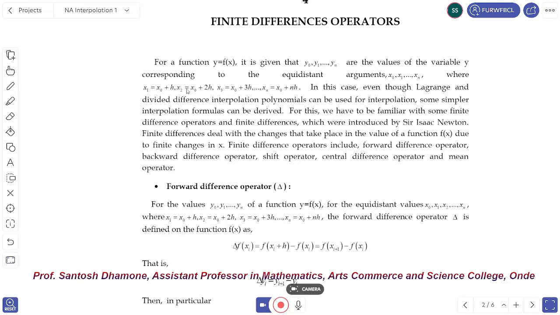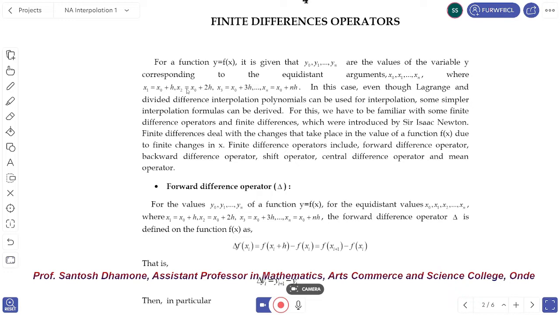For this, we have to be familiar with some finite difference operators and finite differences which were introduced by Sir Isaac Newton. Finite differences deal with the change that takes place in the value of a function f of x due to a finite change in x.